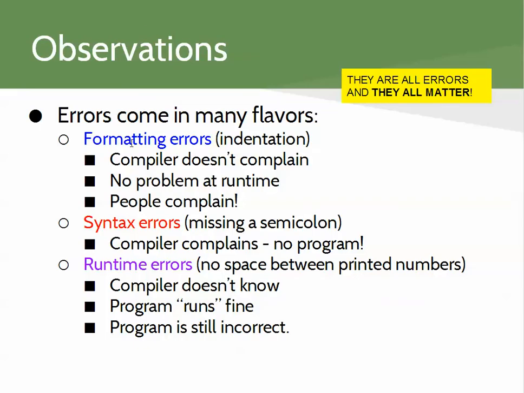There's errors in terms of people looking at your source code, where it's not formatted correctly. There's errors in terms of the compiler not being able to understand your code. And there's errors in that your program simply outputs the wrong things or perhaps does the wrong calculations. We're going to need to consider all of these. They all matter. And part of the learning process initially for programming is getting used to these types of errors.